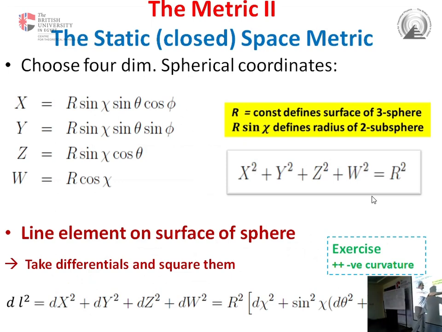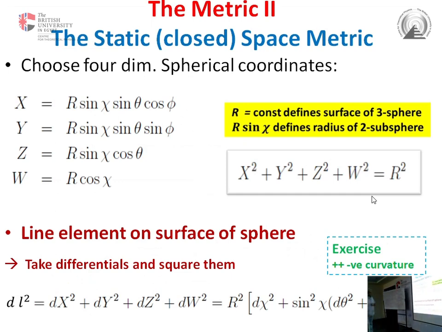And this is the definition of a sphere. An r sine chi is a radius on a 2-sphere, a subsphere, that depends on chi, parametrization. So this is a definition of a 3-sphere embedded in 4 dimensions, like the definition of a 2-sphere embedded in 3, where you take this one out. And for the definition of a circle, you take these 2 out. Okay? Is that clear? Right.